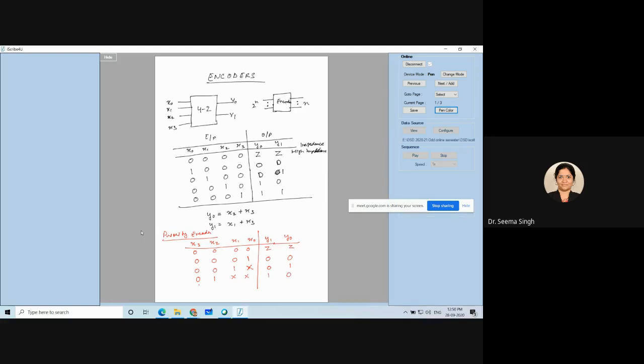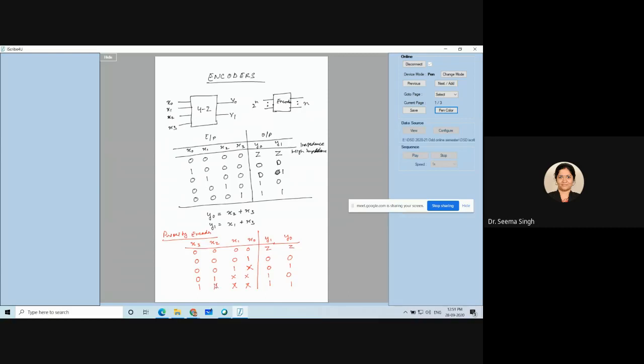Last, if my x3 is 1, whether all the other 3 are 1, 1, 1 does not matter. Priority goes to x3, and the output will be 1, 1 only. All the lower ones will be considered don't care. Did you understand the logic of priority? Priority means in this case I am giving priority to MSB.